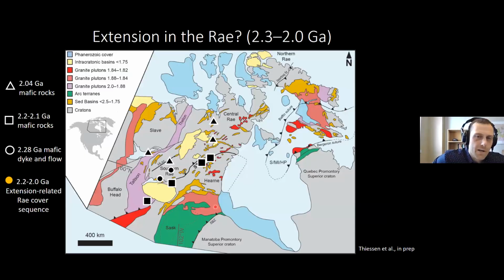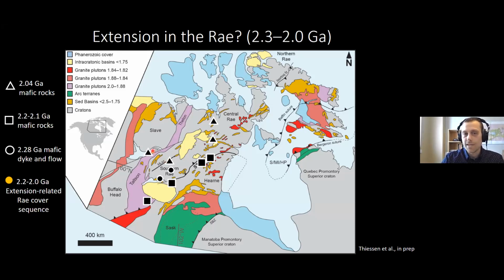And so putting this in the broader context and looking at some other rocks in this time frame, again, I'll highlight where we just were. This is the black triangle in the South Rae. This is where that Penland 2.04 suite is, and also the location of those sediments with a 2.04 max age. There are a few other gabbros and mafic bodies in the South Rae of the same age, 2.04.